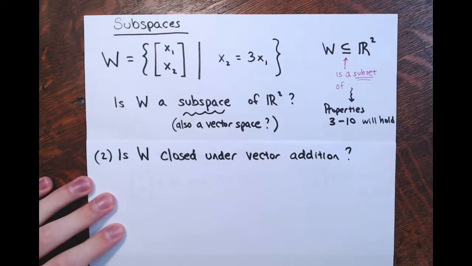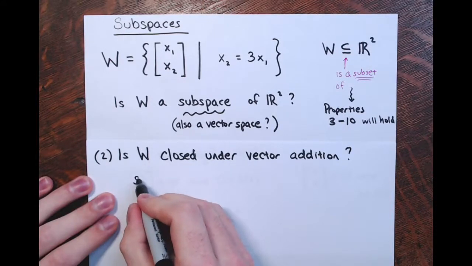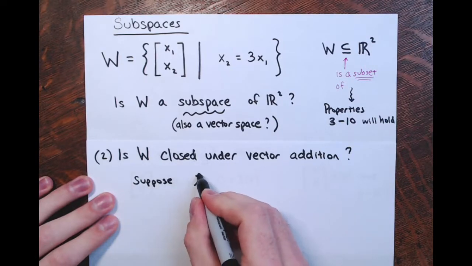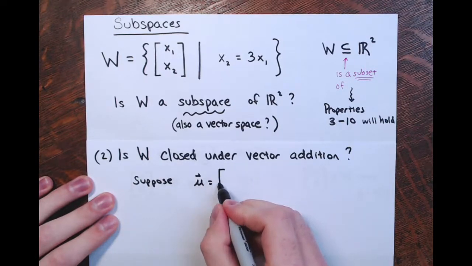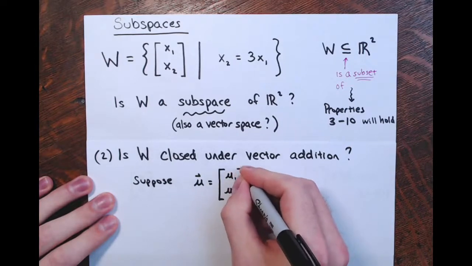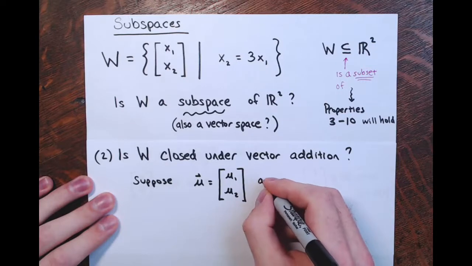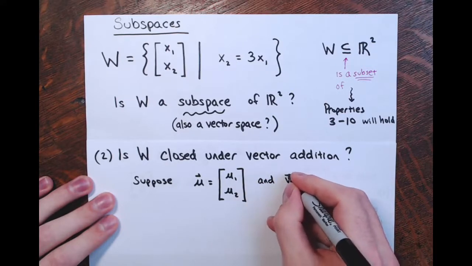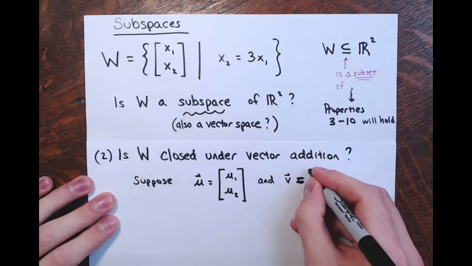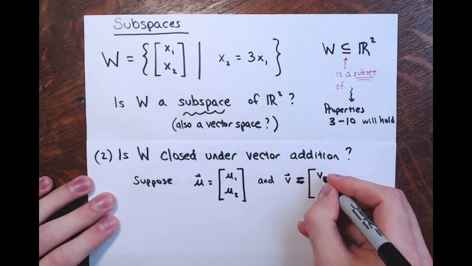So how do we test this? Well, you take two generic vectors, don't use specific numbers. Suppose vector U has components U1 and U2, and another vector V has components V1 and V2.